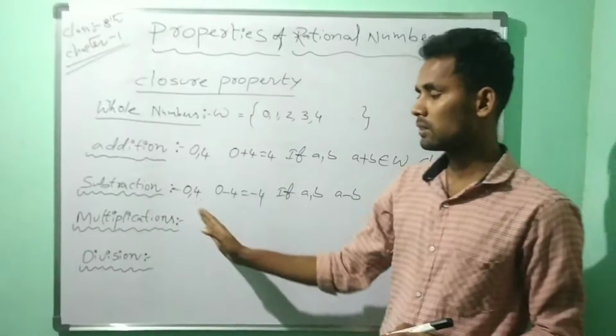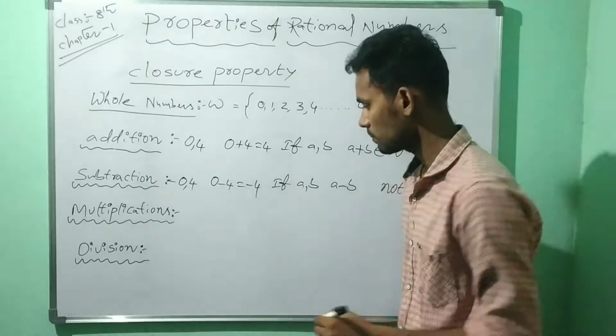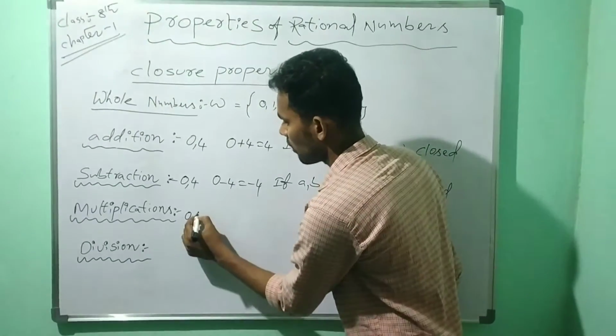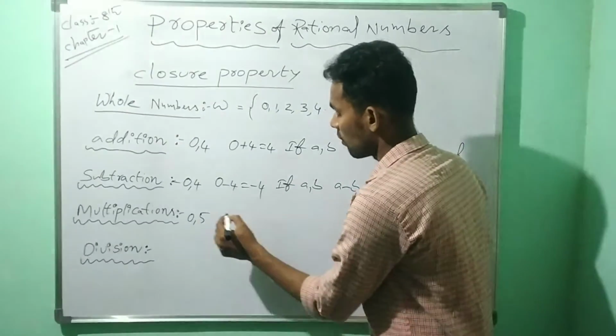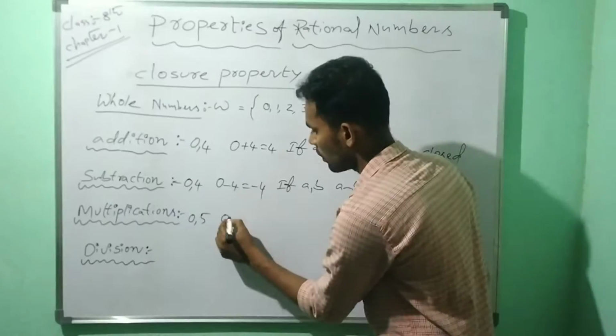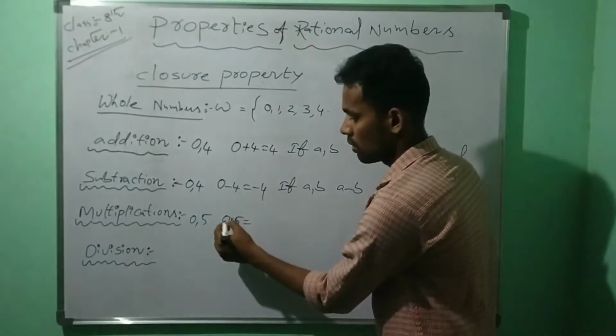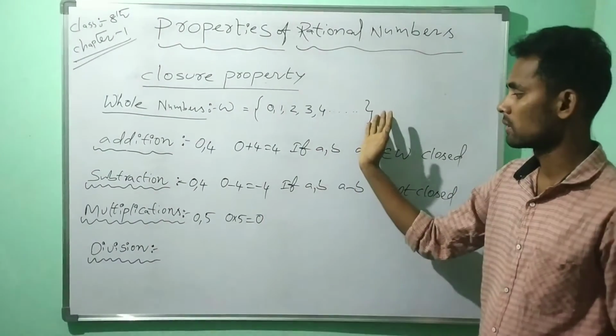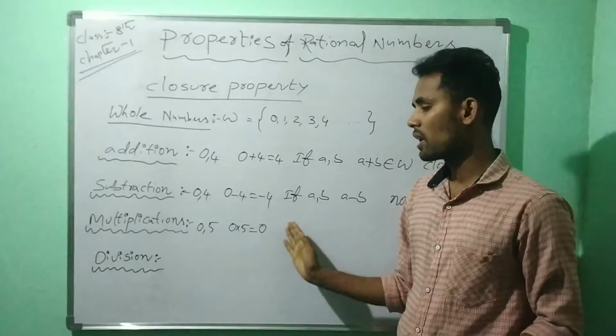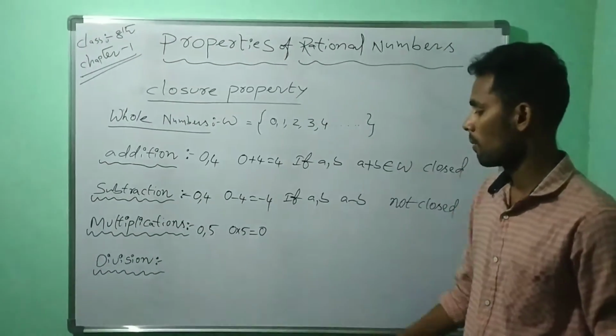Now discuss multiplication. 0, 5, any two whole numbers, what is the product? 0 into 5 equals 0. 0 is a whole number. The product of any two whole numbers is a whole number.